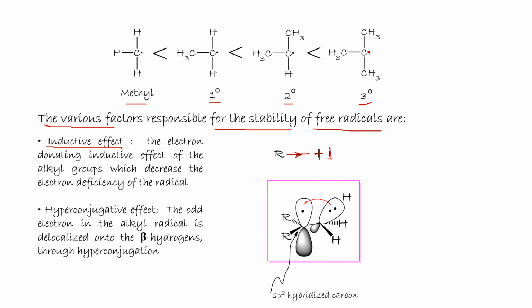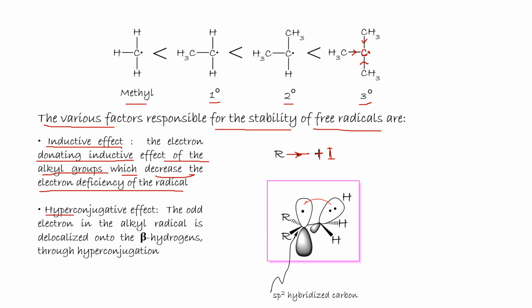In the tertiary we have R groups pushing electrons, so the electron donating inductive effect of the alkyl group decreases the electron deficiency of the radical. Of course, this carbon needs 8 electrons, and it has only 7 electrons.